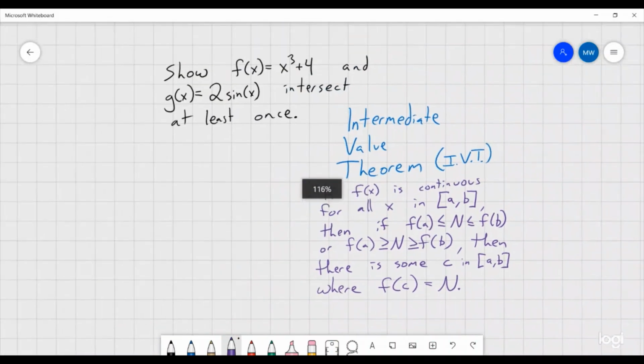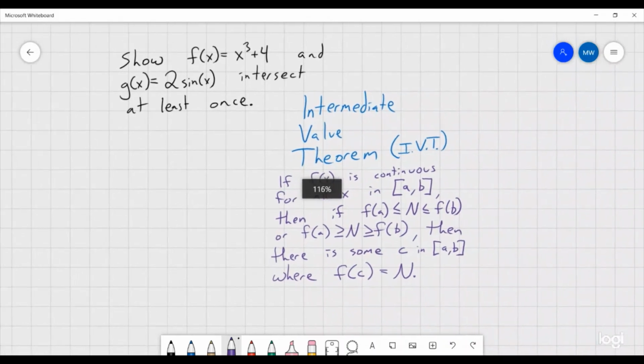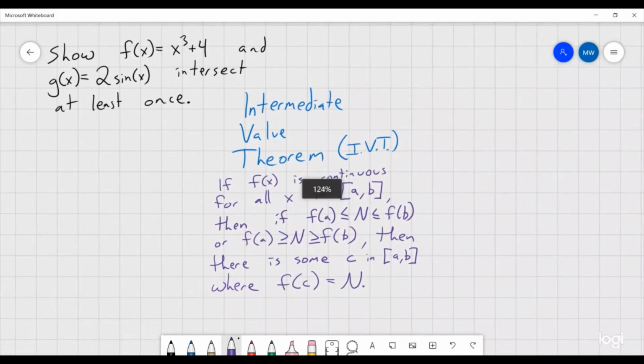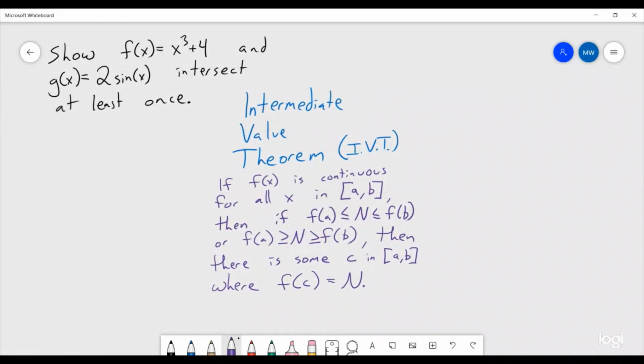So that is what the Intermediate Value Theorem says. So try and think about how we might be able to use that to show that two different continuous functions intersect.